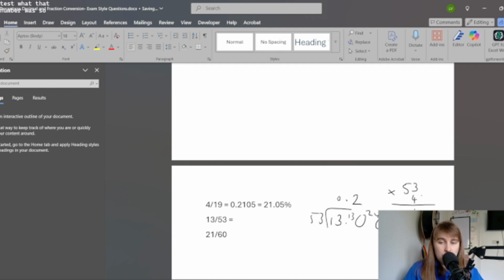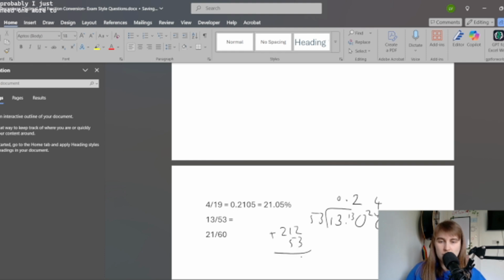So 53 times 4: 4 times 3 is 12, 4 times 5 is 20, add the 1, 21, 212. So my remainder between 212 and 240 was 28. I was right that it was 4 there. I'm just going to get rid of that. Well, I put that in a really awkward place, didn't I? Okay, so in 280, if 4 53s are 212, probably I just need one more.